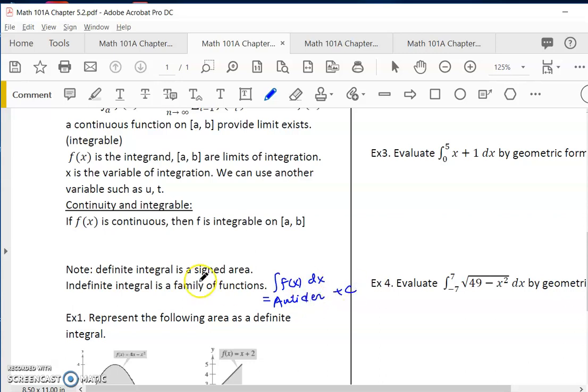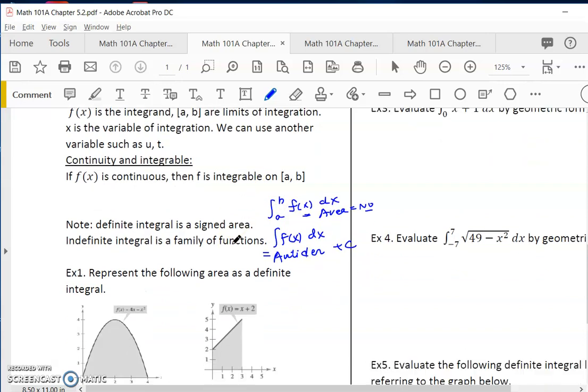But the definite integral from a to b of f of x dx is an area, signed area actually, equal to a number. So these are two different things. Why are they using the same symbol? Because actually they are related. In 5.3, in the next section, we'll talk about it.